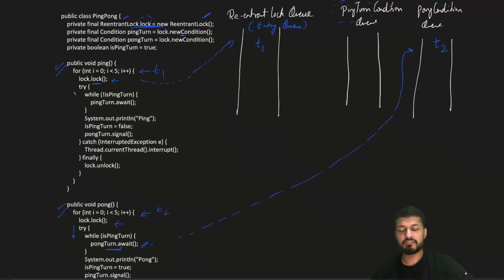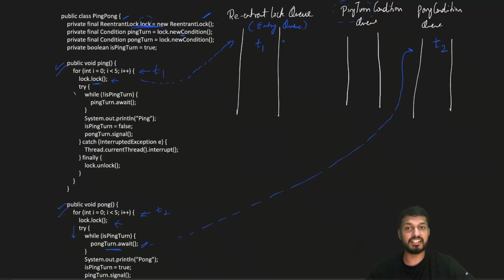Also, whenever you call the function await, there are two things that happen. First thing is the lock is released. So whatever lock T2 has acquired, it will release that lock and go ahead and wait in the pong condition queue. Now when the lock is released, at that point of time the ReentrantLock queue will become active.